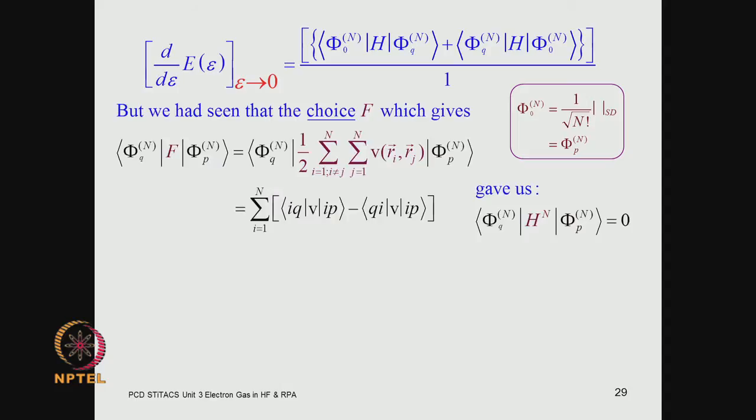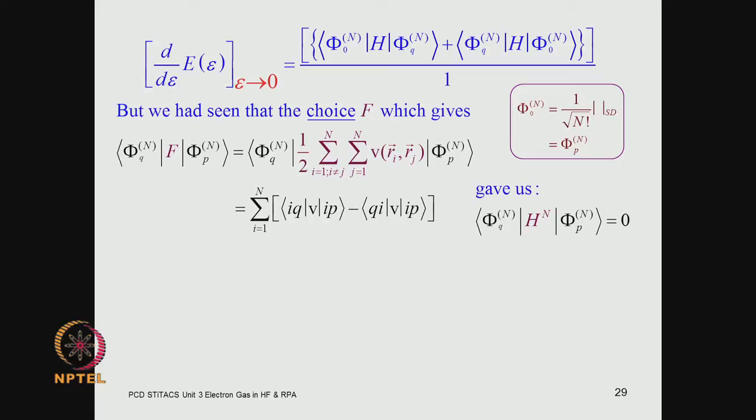We had chosen f such that the matrix element of f was equal to the matrix element of the 2 electron operator with this particular expansion in terms of the Coulomb and exchange integrals, and this had given us that this matrix element of the n electron Hamiltonian in the states q and p had vanished.